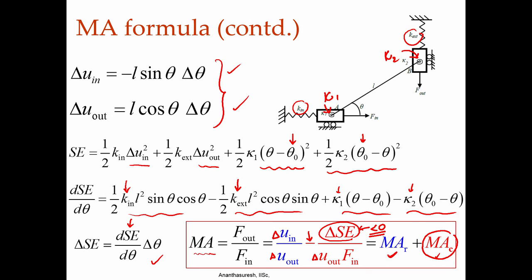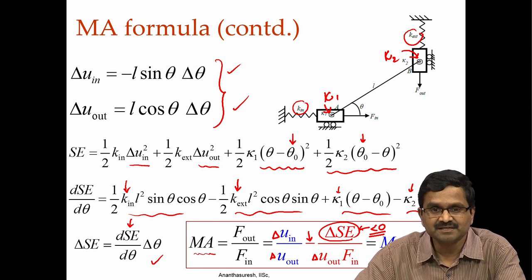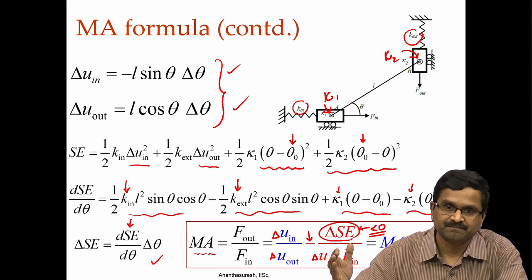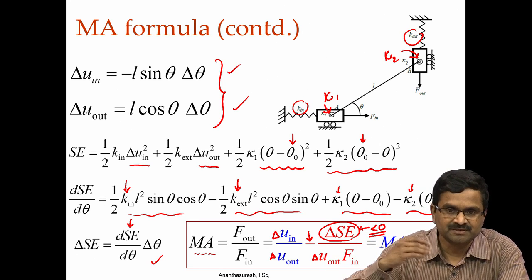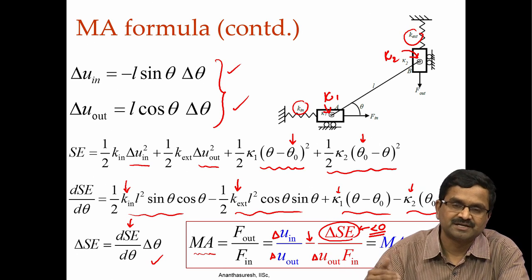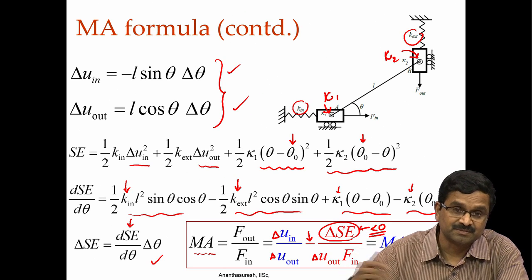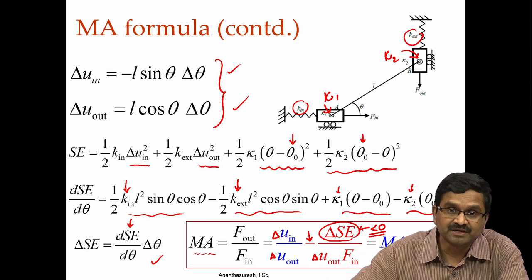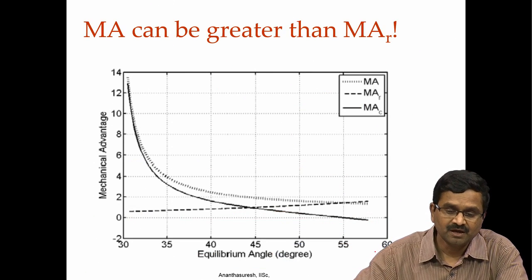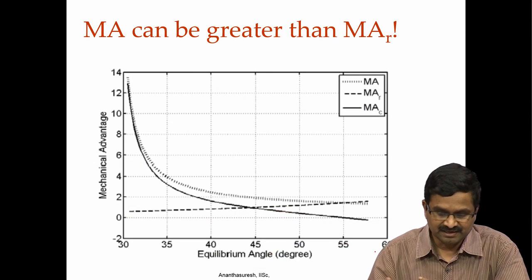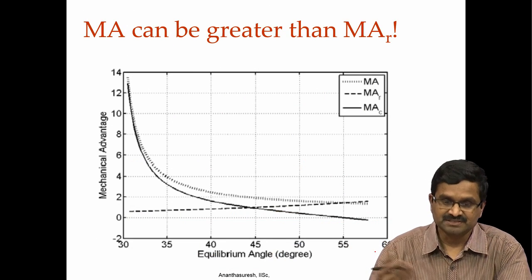We have to make delta SE negative, meaning the strain energy of the device should decrease as you deform it. That is counterintuitive, because whenever something deforms, we know that strain energy is going to increase because there is deformation. So, how do you make it decrease? Before we discuss that, let us look at this example with some parameters.